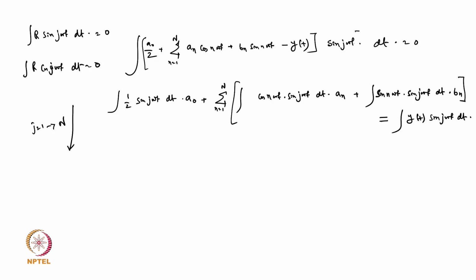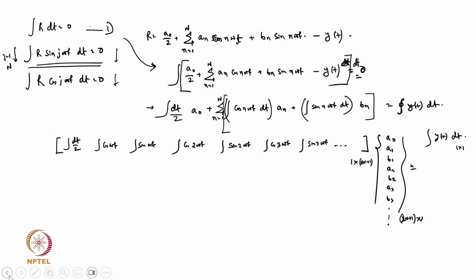You got that? If you come into that matrix, a0 you forget, a1, b1, a2, b2, these correspond to the columns, and the rows come by varying j.